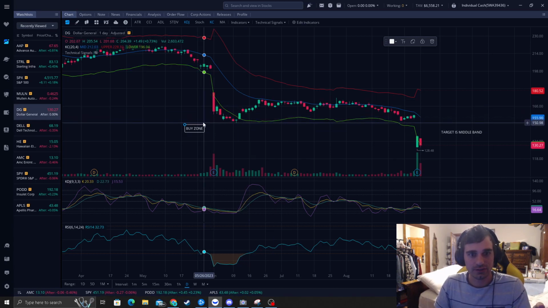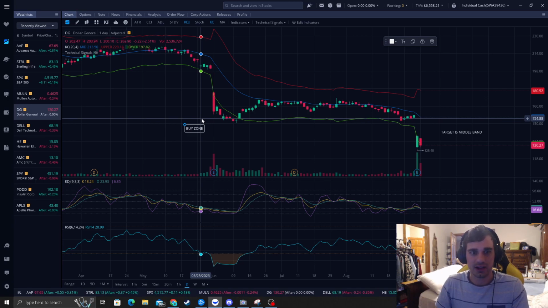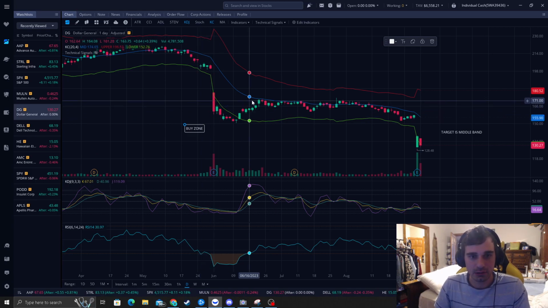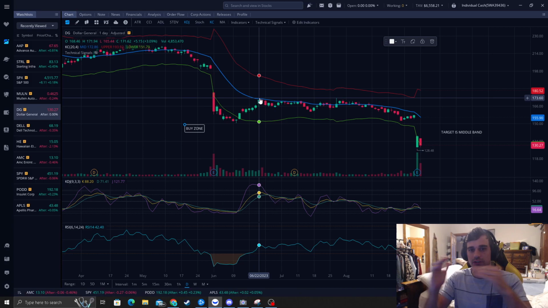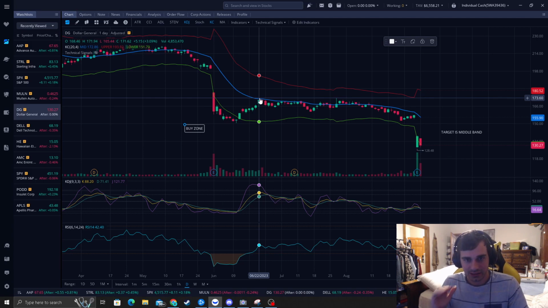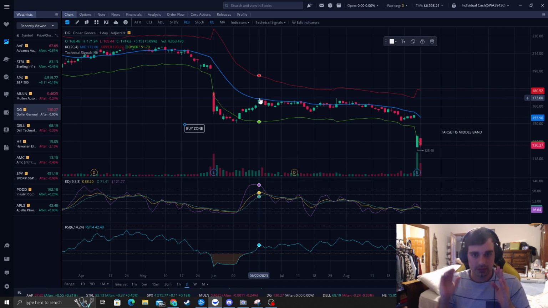So if you're right in this area, you're golden. You're fine. Because the middle band is way up here. It's so overextended that price has to go back to the middle band. And that is on your Keltner channel. Just remember that whenever you get scared when using this strategy.